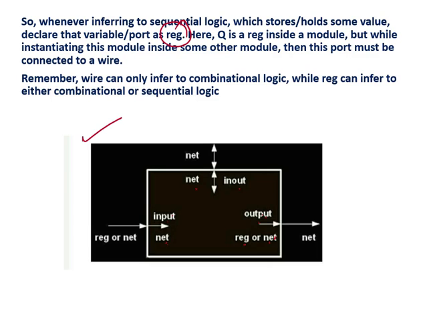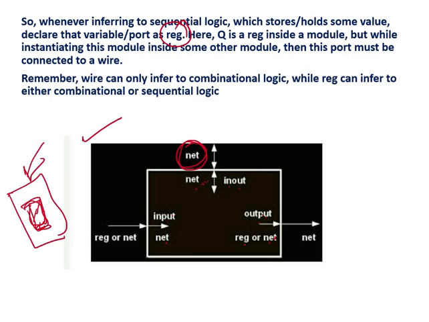But if you are instantiating this module in another module, so you have this small module, and this bigger one is the module where you are instantiating this part. Then your inout has to be referenced to a net always.